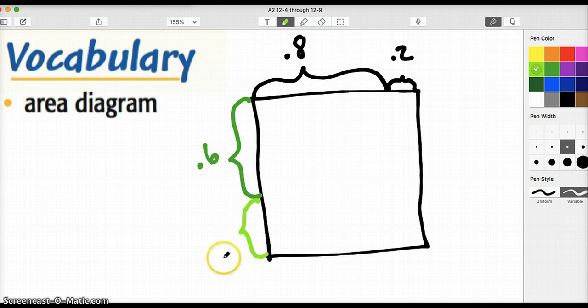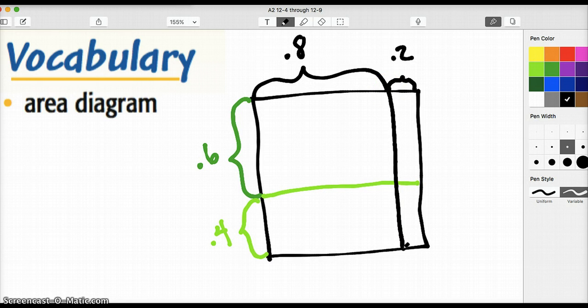There's like a 40% chance he might be called into work. So what we have here is a diagram that's going to help us represent the probability of the different possibilities that could happen.